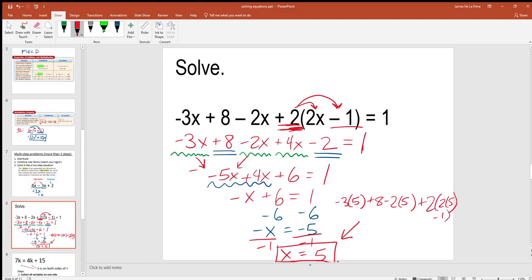If we plug in a 5 here, for every time we see x, then it should give us the value on the right, which is positive 1. And so you can go back and crunch all those numbers and make sure that that is the correct solution, and it is.